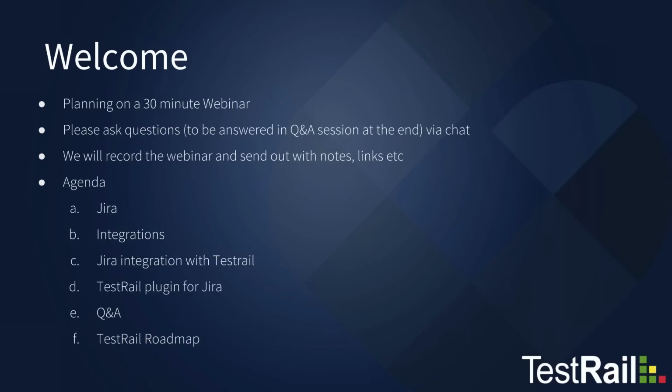We're going to introduce the notion of TestRail integrations generally, and then we're going to talk about the specifics of TestRail and Jira integration, including how to use our Jira plugin, which you can find in the Atlassian marketplace. After we've done all that, we will have some time, hopefully, for questions and answers, and that'll be your opportunity to address any specific questions that you've got.